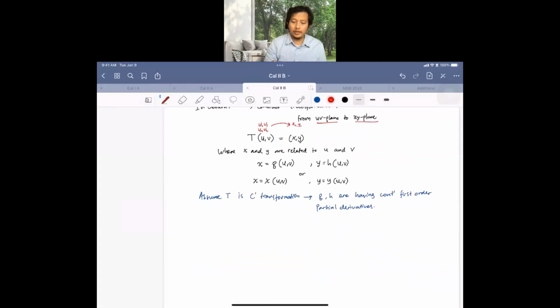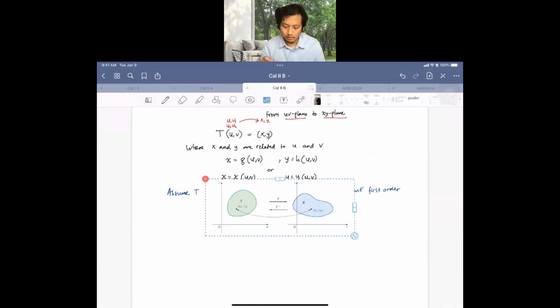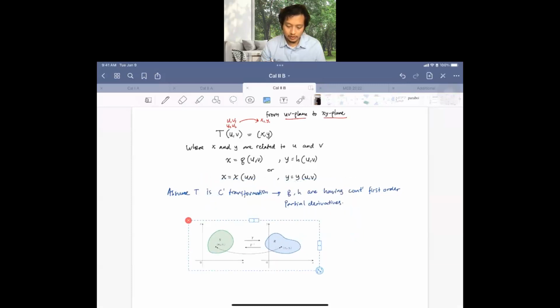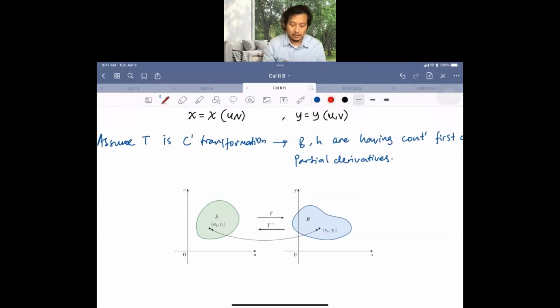Or if we describe it in a more general way, from uv to xy, we are going to have a transformation T, which means this x1 y1 is an image of the point u1 v1.